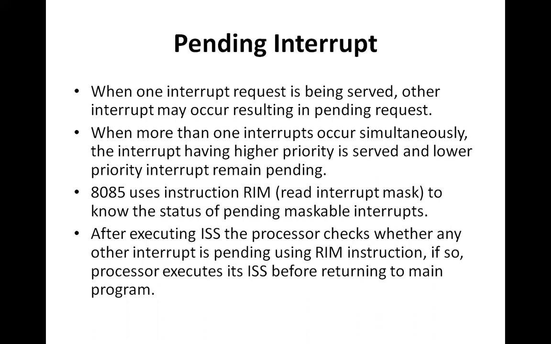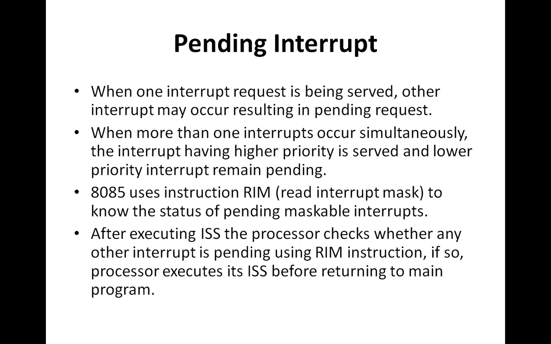So while it is handling one interrupt and other interrupts are coming to the processor, those interrupts will be called pending interrupts or pending requests. When more than one interrupt occurs simultaneously, the interrupt having the higher priority is served first, and the interrupt with the lower priority remains pending.